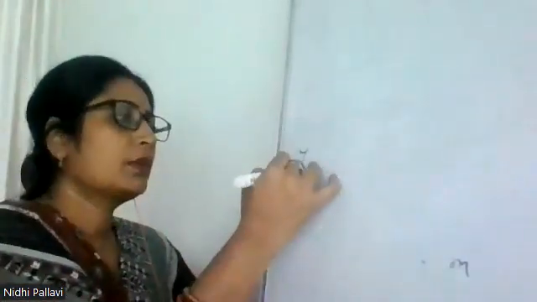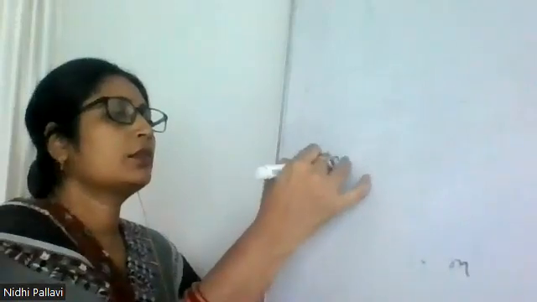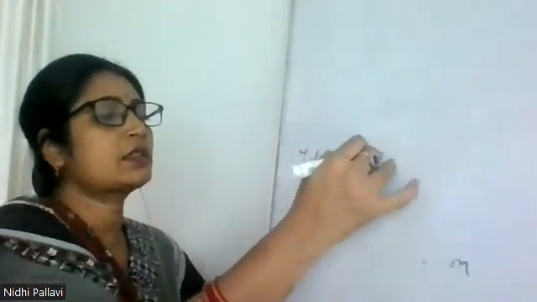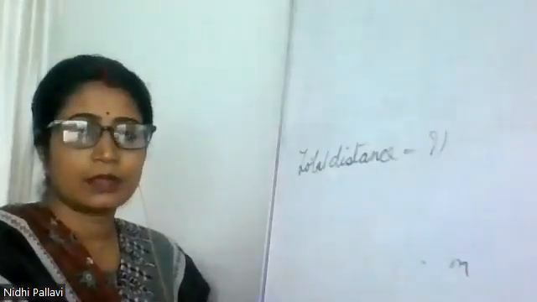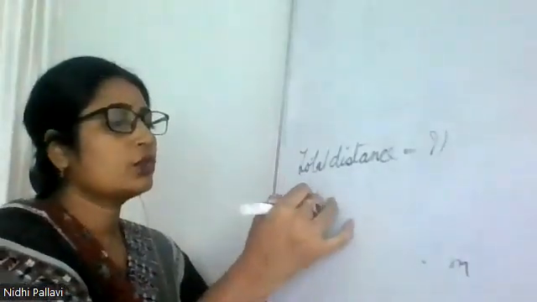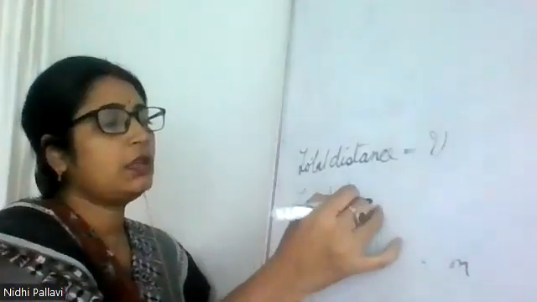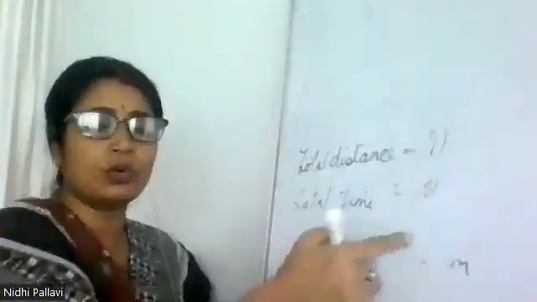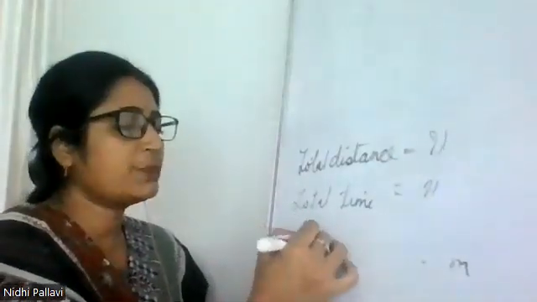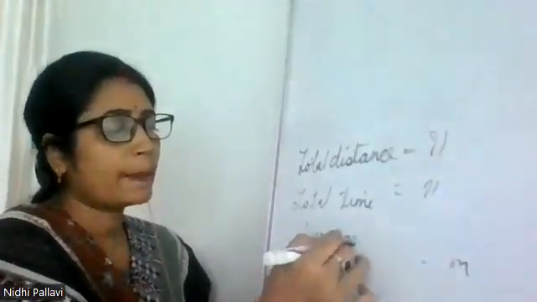What will you have to do? Ma'am, we have to add the distances. Yes, total distance. First of all, you will find out the total distance, and then the total time. When you get these two, then average speed will be equal to what?